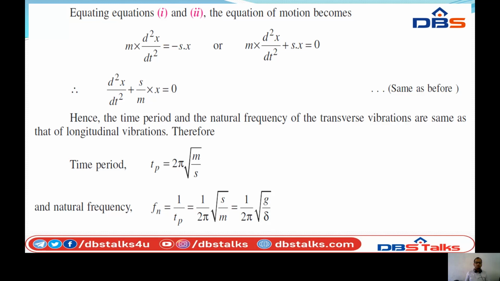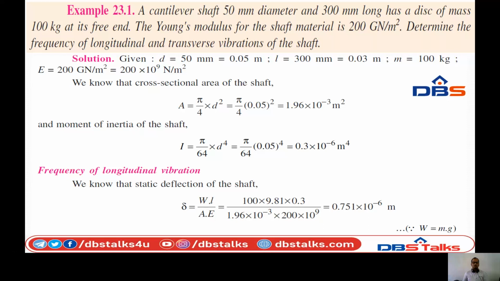That we already discussed in strength of materials: delta is equal to WL cube by 3EI, that is the cantilever beam deflection. During bending moment diagrams and shear force diagrams, we calculate these deflections. So delta is equal to WL cube by 3EI. This is the main formula we need to remember for calculating the deflection.